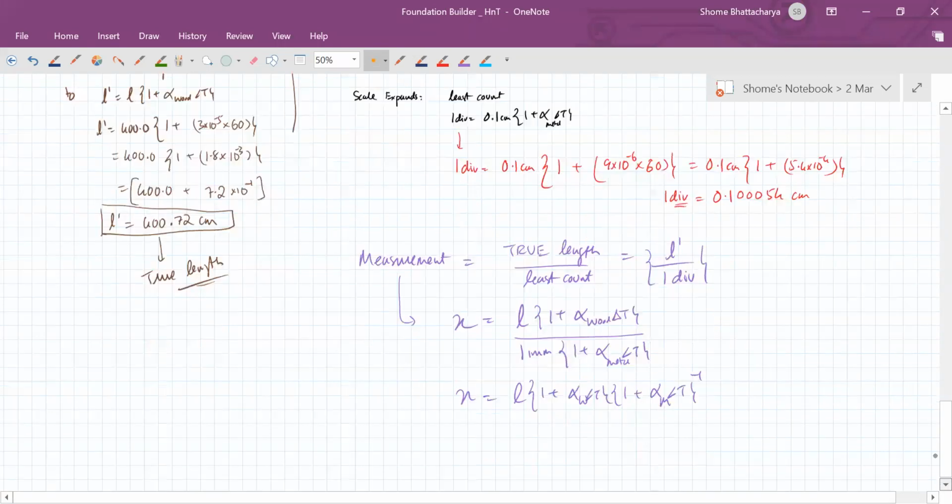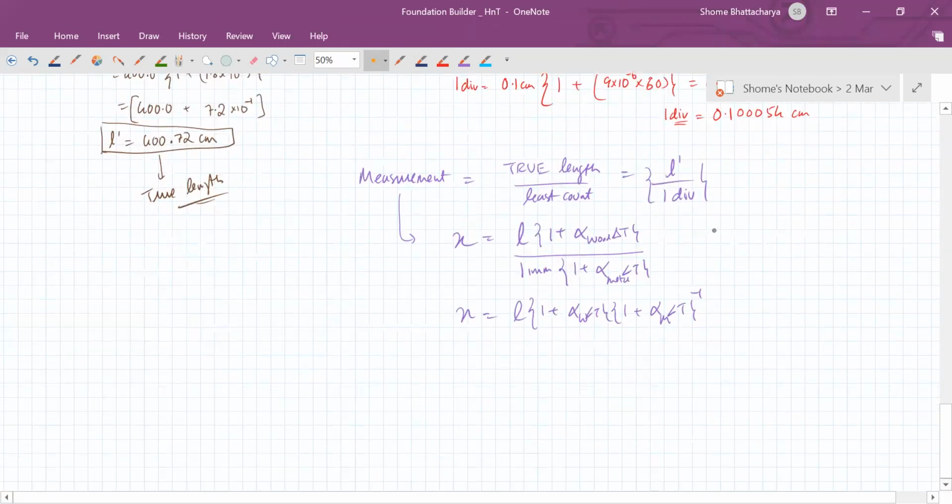And now to make the calculation easier, rather than substituting this, which is going to be difficult, just a second.